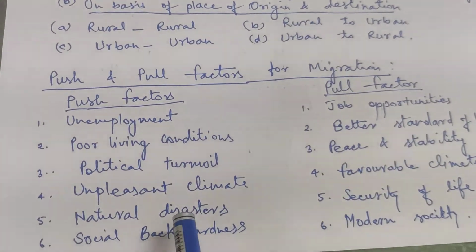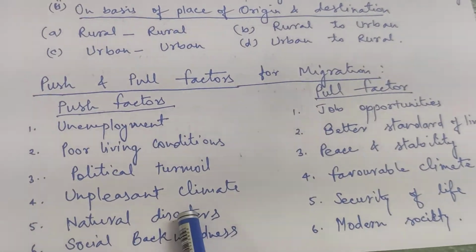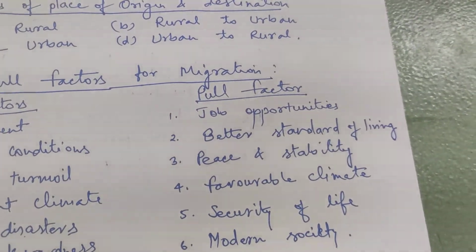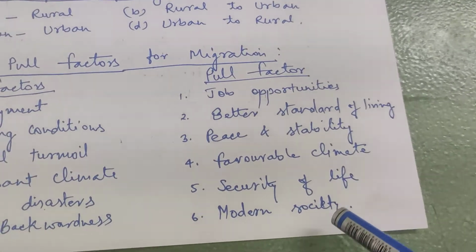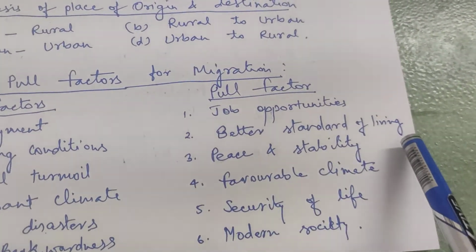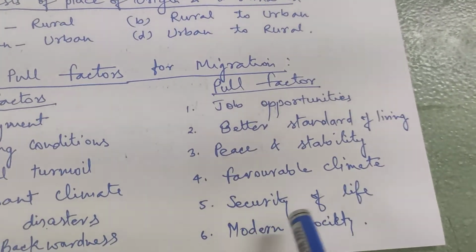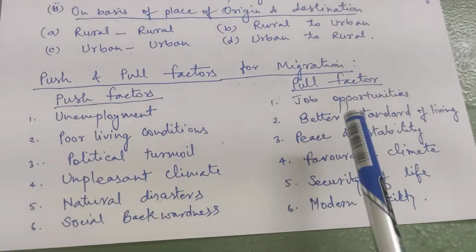Now, what attracts people towards the place of destination is called the pull factors. Pull factor means to pull. These factors attract people towards their place of destination: better job opportunities, better standard of living, peace and stability, favorable climate, security of life, and modern society. So we can link these two factors.